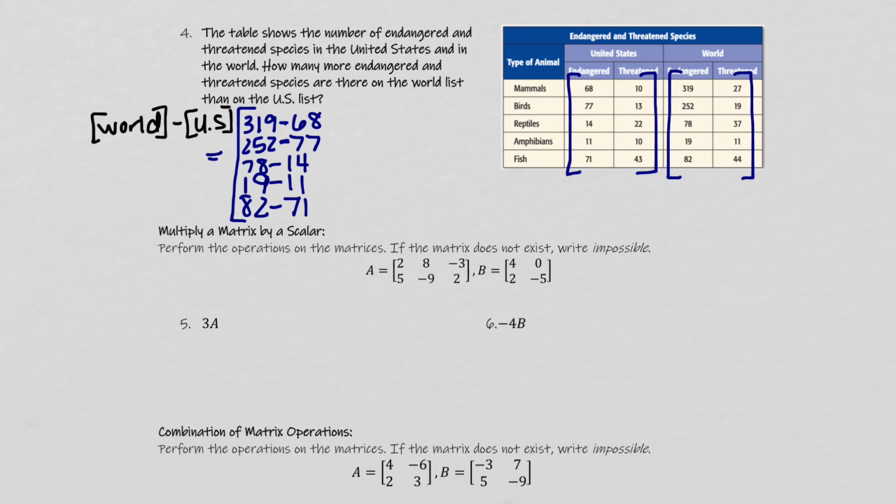And then we'll do the second column, starting with the world. So 27 minus 10, 19 minus 13, 37 minus 22. There we go. 11 minus 10 and 44 minus 43. Okay, so that's the math that I'm doing. And because of the stylus, I'm writing really big.